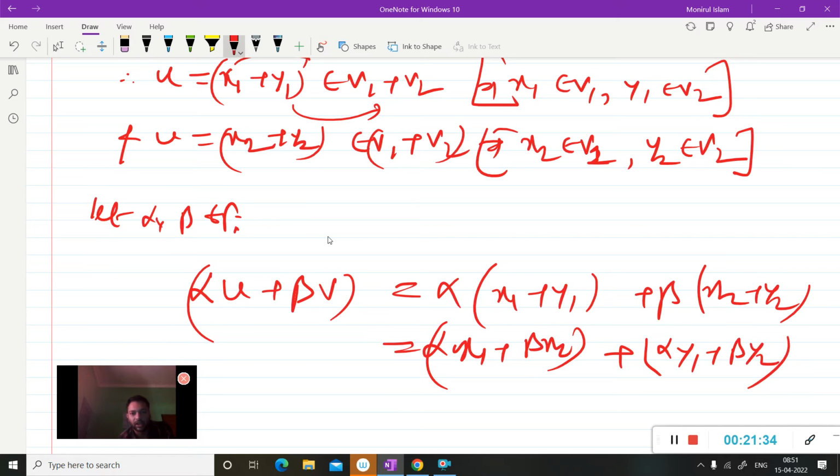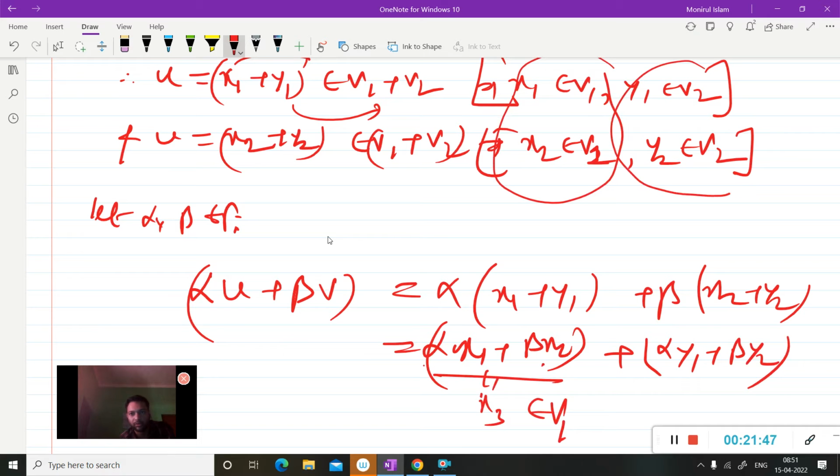Now see, alpha, beta are scalars, x1 and x2 are both in V1. Since V1 is a subspace, this vector, let's name it x3, belongs to V1. Since y1 and y2 both belong to V2 and V2 is also a subspace, this linear combination belongs to V2, and name it y3.